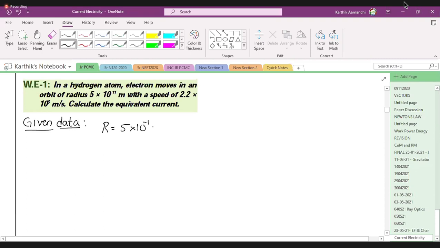5 into 10 power minus 11 meters is the radius of the orbit, and the speed is given as 2.2 into 10 power 6 meters per second. And the electron is revolving around the hydrogen nucleus.